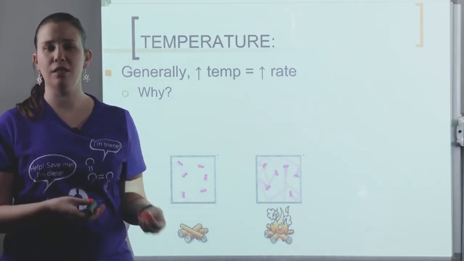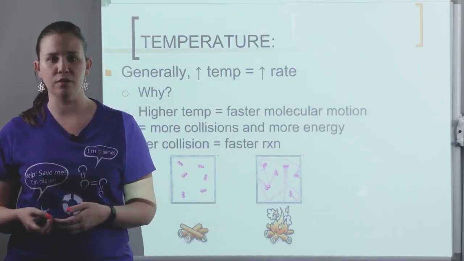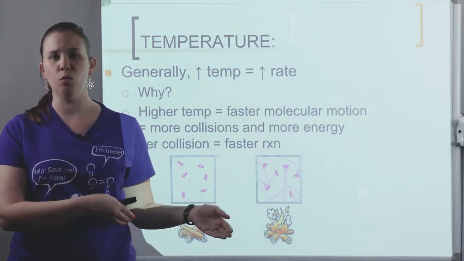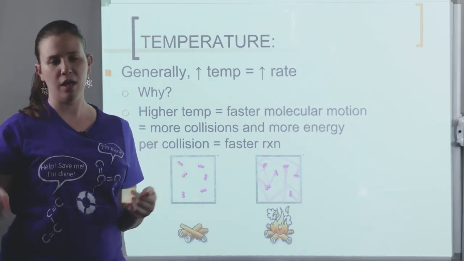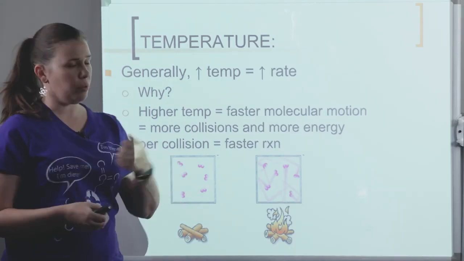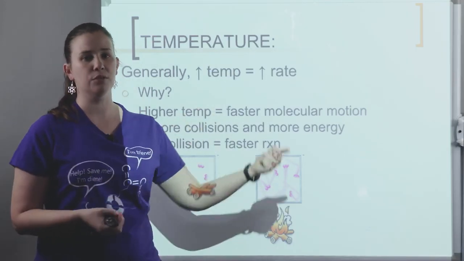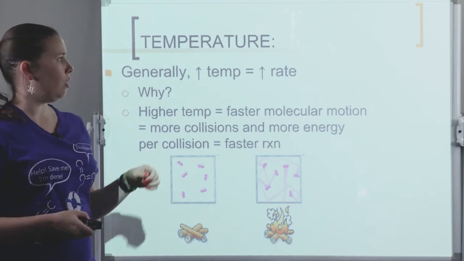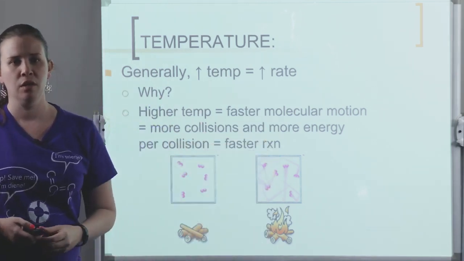And the fact that they're colliding faster means that they would run into each other more often. For example, you're much more likely to have a car accident if you're going way too fast, as opposed to if you're just moseying on your way. So these faster particles are more likely to collide, and the faster particles have more energy. So that's two postulates of collision theory, all supporting that temperature will increase the reaction rate.